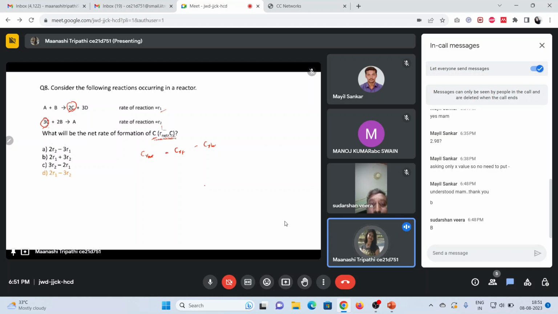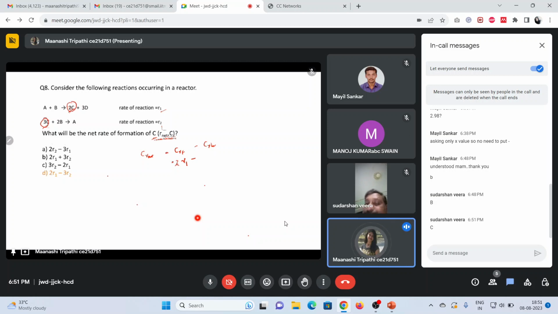So this is the solution: 2R1 minus 3R2. In the first reaction, C is forming, so formation is R1. Now we are seeing the coefficient is 2, so just put 2. In the second reaction, we are seeing that C is reduced.